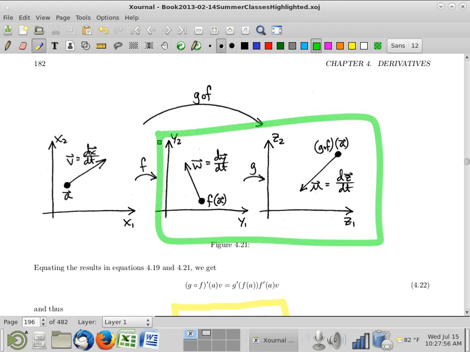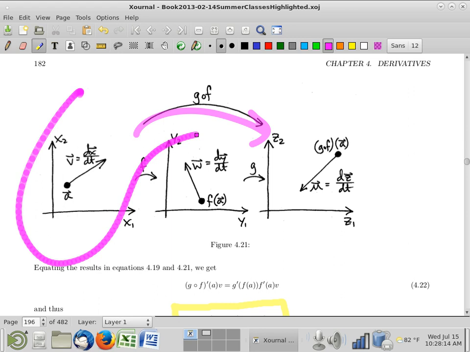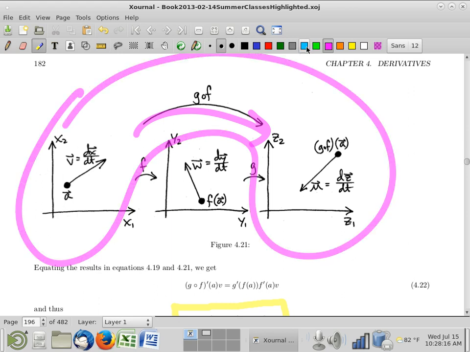G is a multivariable function, and the derivative of g relates input changes and output changes. Again, now these are 2-dimensional vectors instead of 1-dimensional vectors. And then likewise, for the composition, input changes and output changes are related by the derivative.